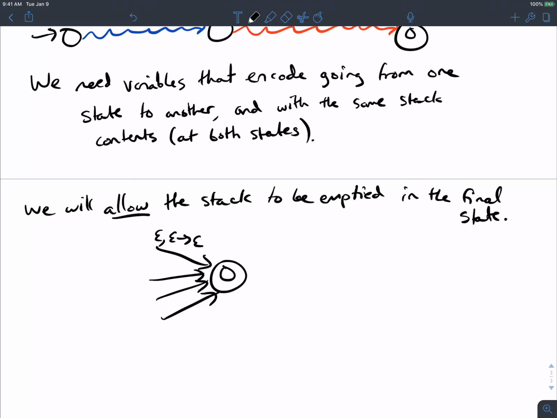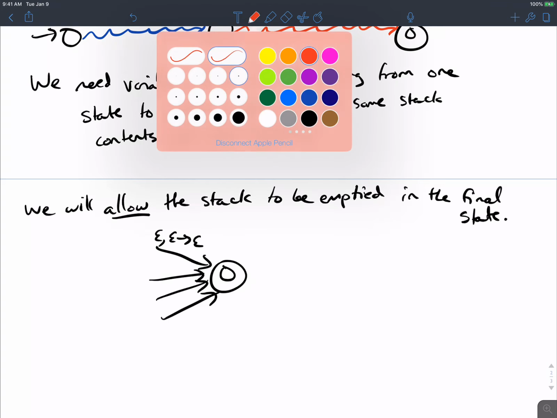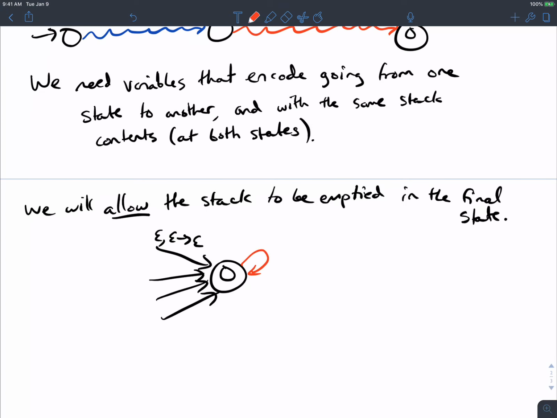And then we're going to add a self loop on that final state, where for each symbol A in the stack alphabet, we put a self loop saying, don't read anything, just pop that symbol and don't push anything.